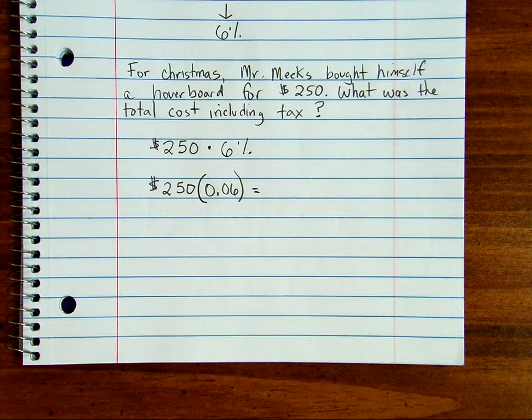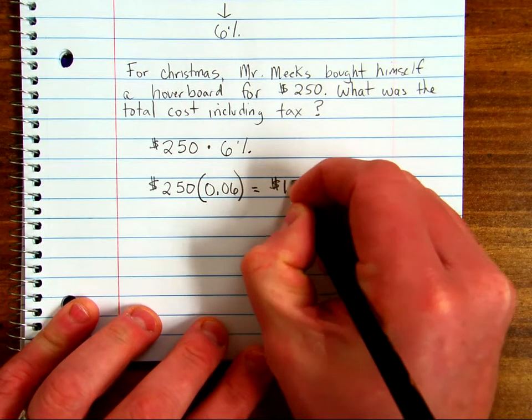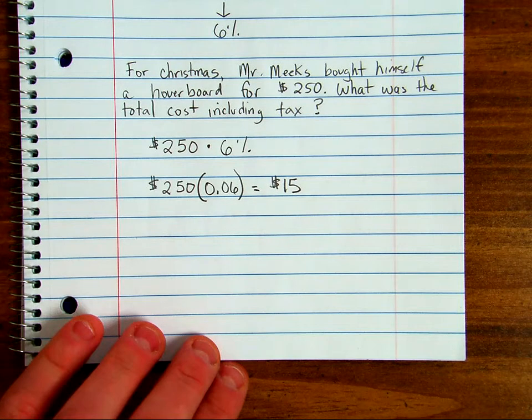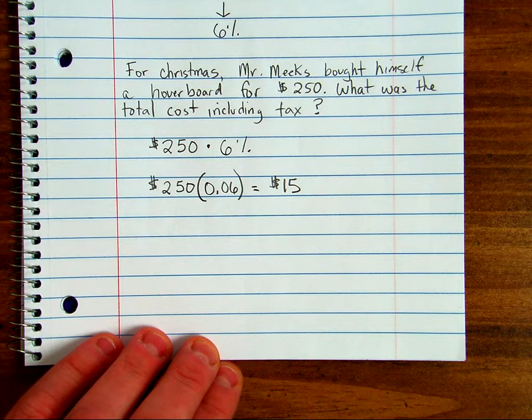So how much extra money am I going to pay? Gabby? $15. The question says, what was the total? So how am I going to figure out the total cost, Shane?